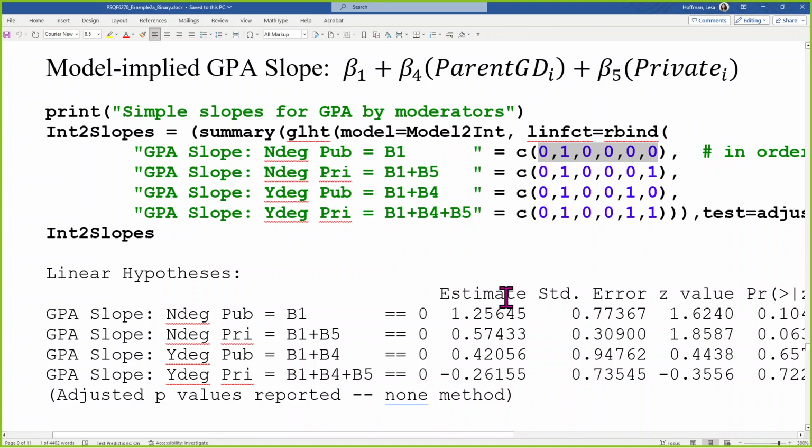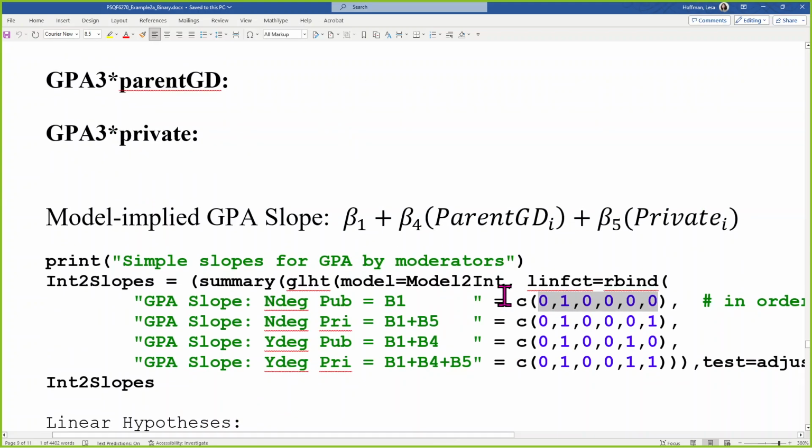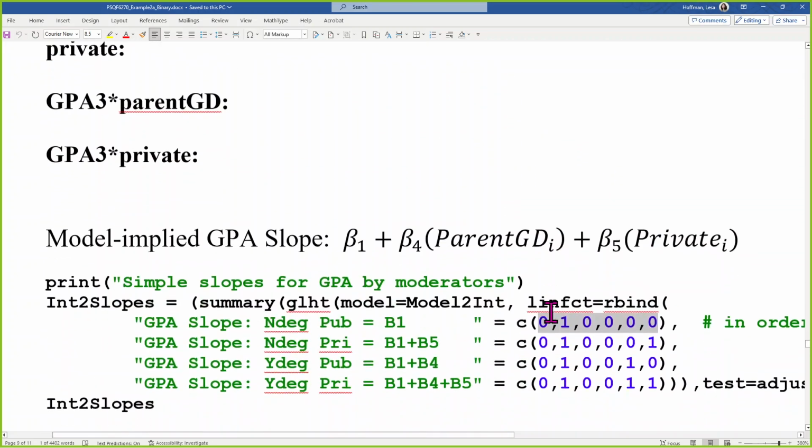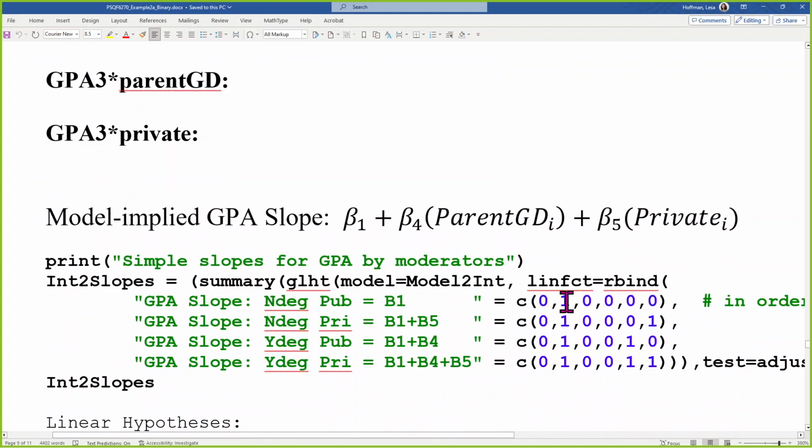I've looked and I couldn't find it. So in this code, the 1 in the second spot refers to the slope of GPA. I need one of those. The 0s and 1s in the interaction term spots turn the moderators on and off for each combination of slope, like a switch, because they're binary.